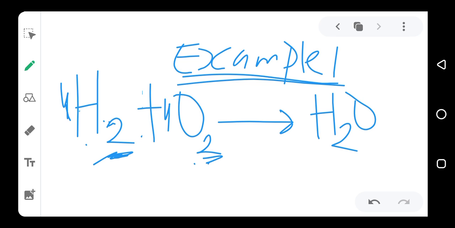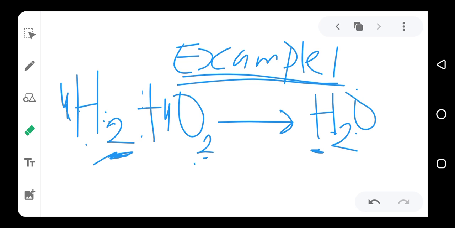So we should not put anything as a subscript when we are balancing the chemical equation. So here, this one indicates that we already have two hydrogen atoms here, and we have two hydrogen atoms here. But oxygen, we have one oxygen here, and we have two oxygen in this place.